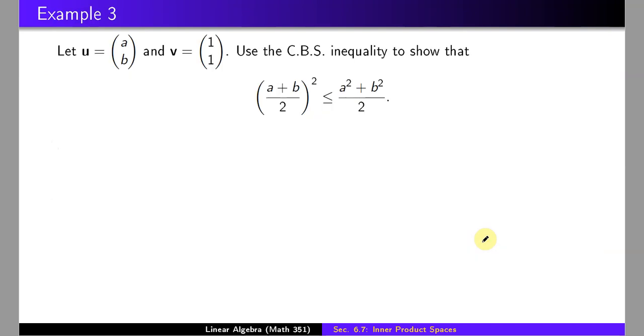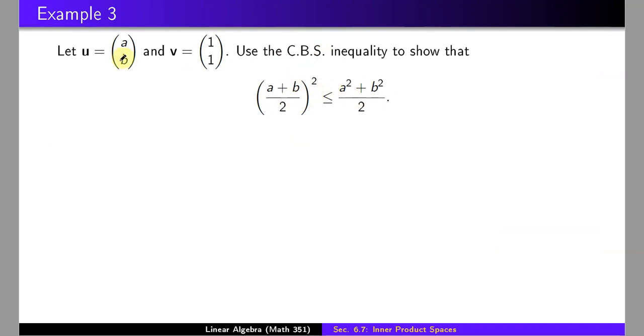So let's go ahead and work out an application involving one of these two, or both, to show something kind of interesting.